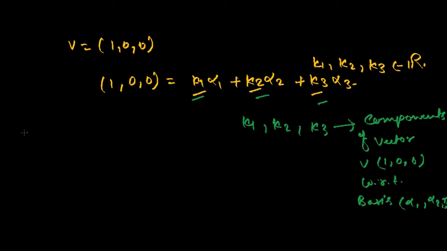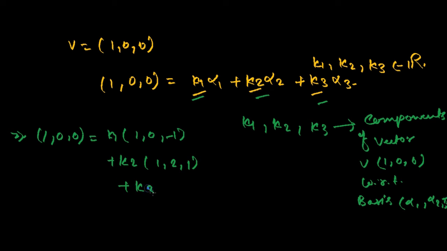Again, this can be written as 1, 0, 0 equals K1 times our first basis element 1, then plus K2 times the basis element 1, 2, 1, and plus K3 times 0, minus 3 and 2, right?